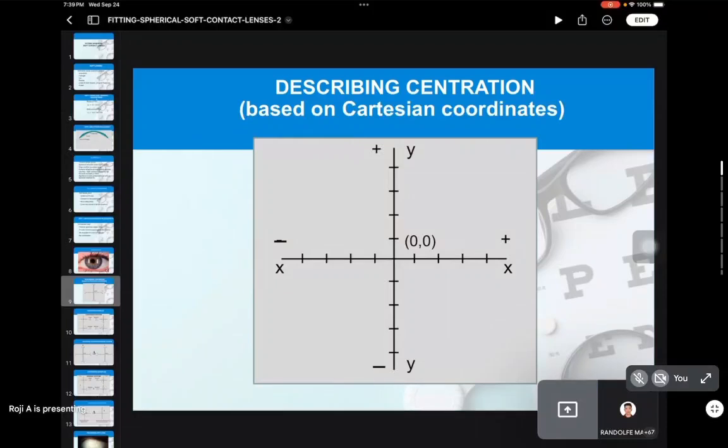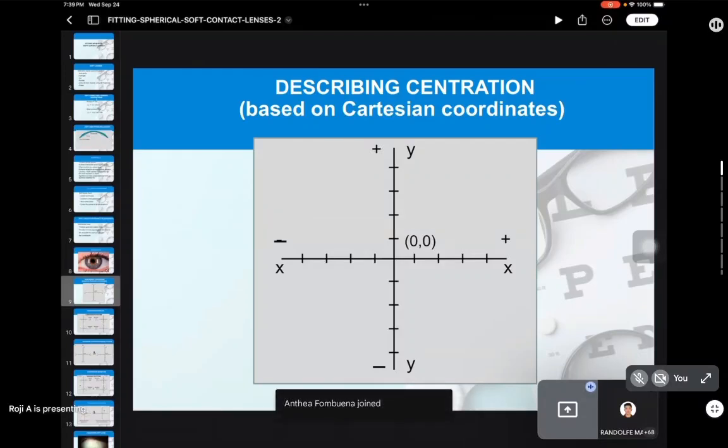Now, this is how we will do it in the lab, Randolph. We will be assessing our contact lens fitting already by this Saturday. So by the use of this Cartesian method, we can assess whether the fit is good or not. You can see there the y and x coordinates.